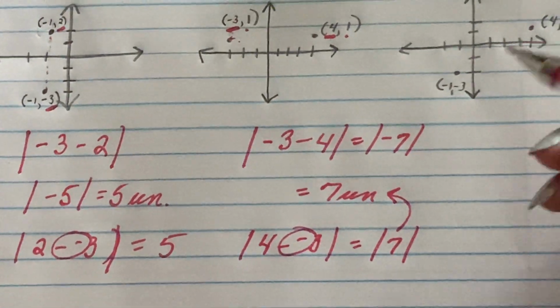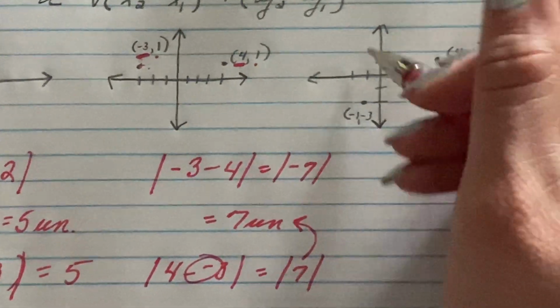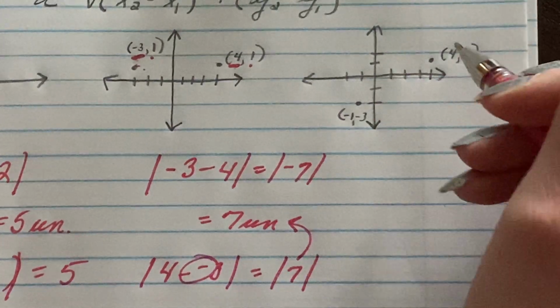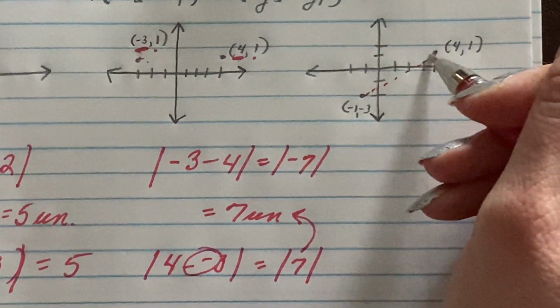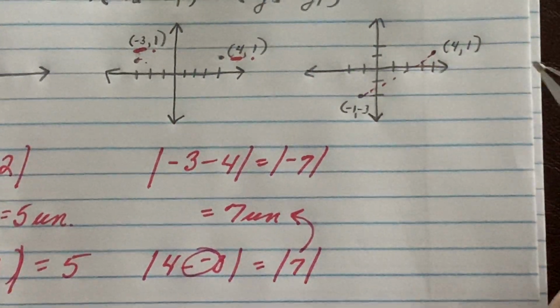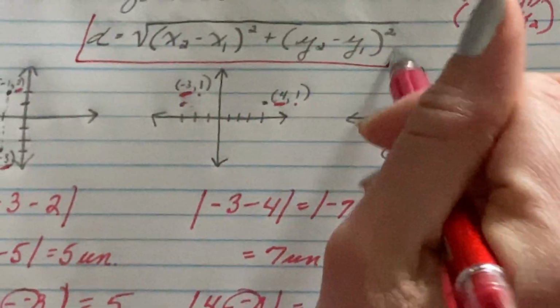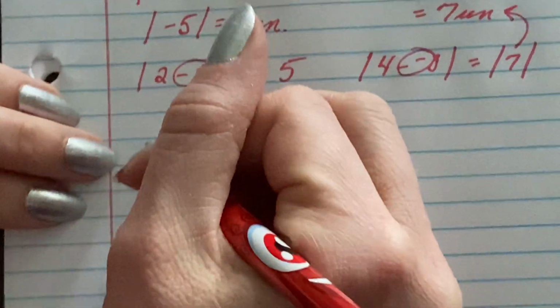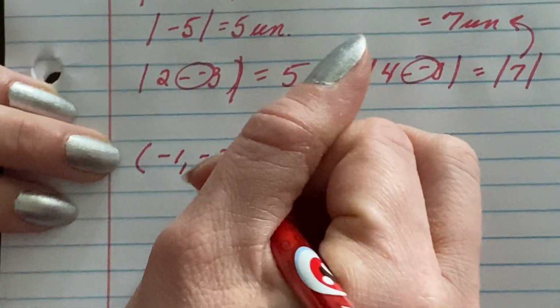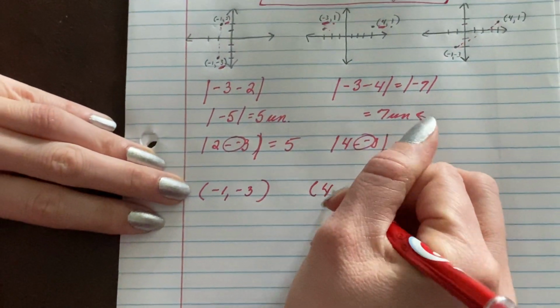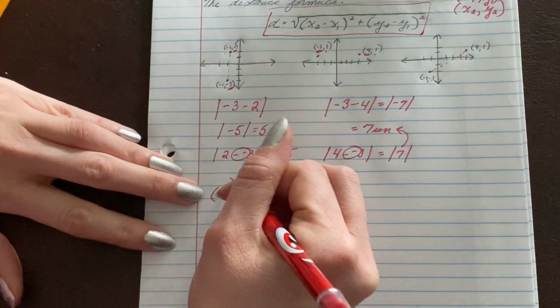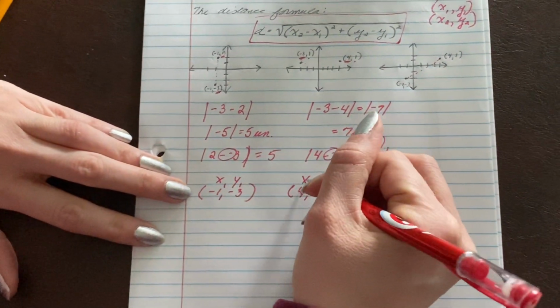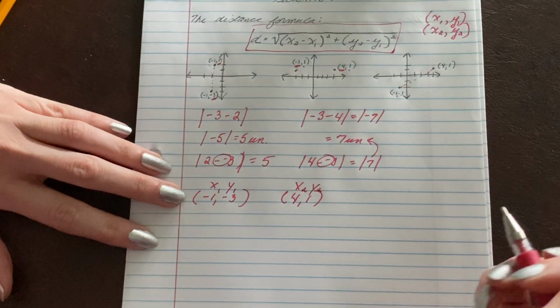All right, now, when the points do not form an easy vertical change or horizontal change, you need to calculate the distance between these 2 points using our distance formula. So we're going to designate the two ordered pairs as x1, y1, and x2, y2.